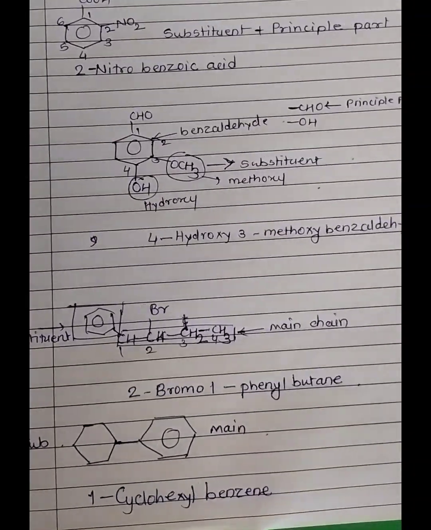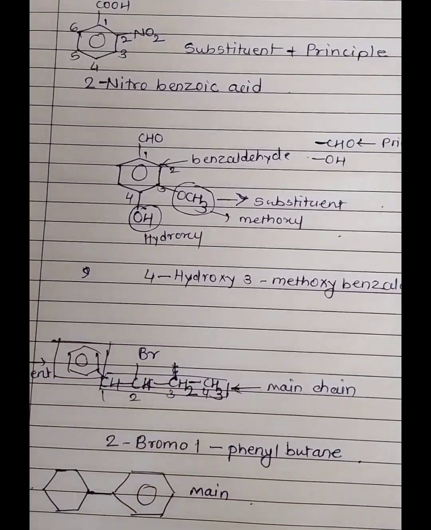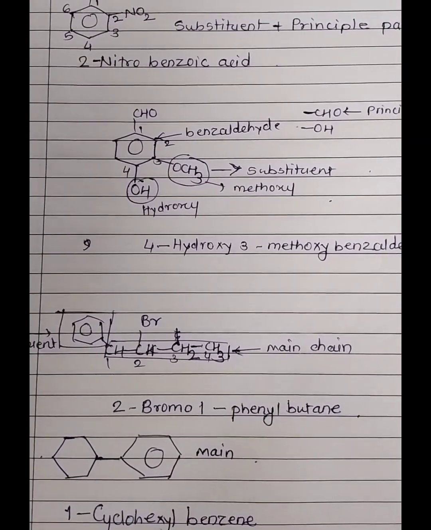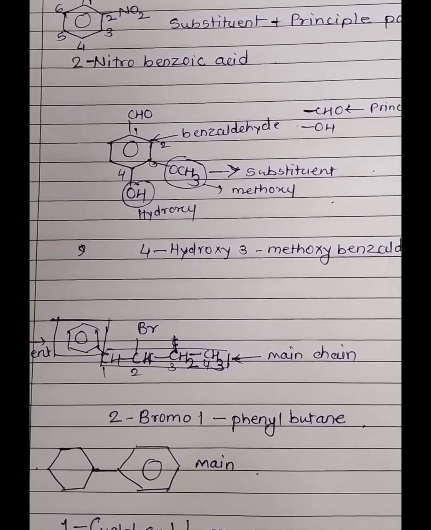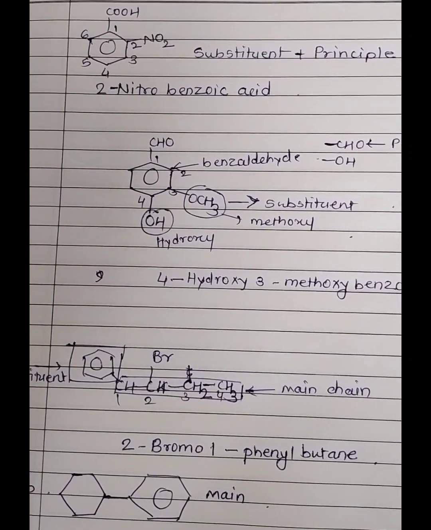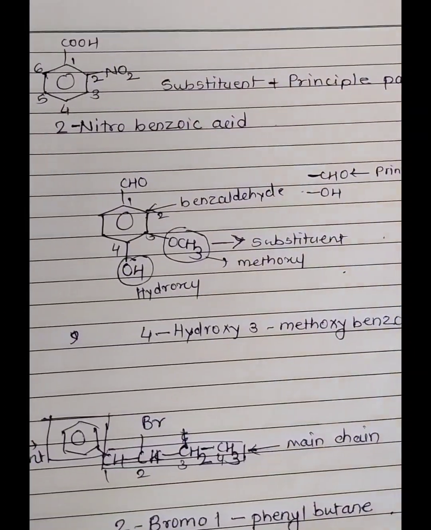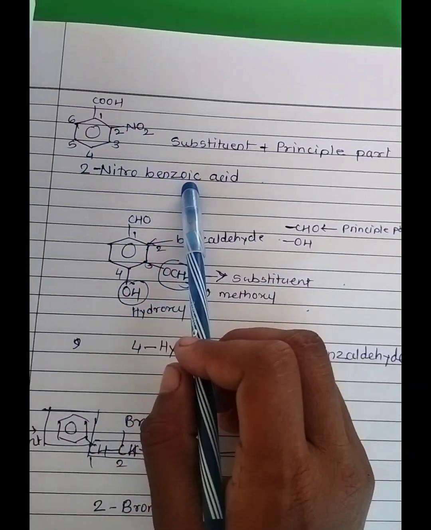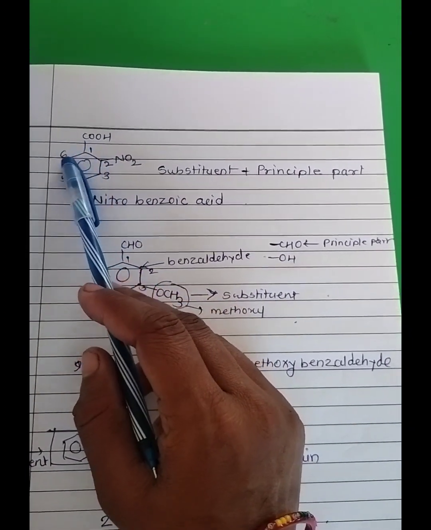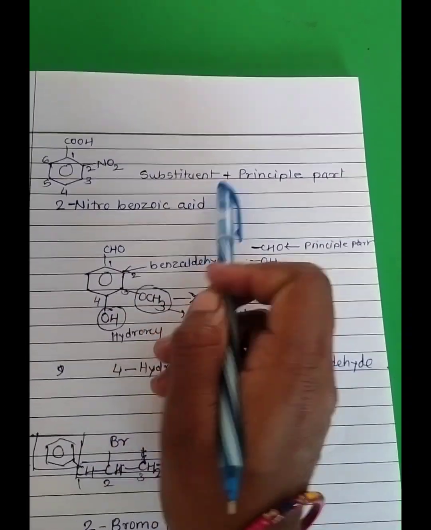Examples of aromatic compounds. For example, we can write the naming as substituent first and then the principal part. Here the COOH group has priority and comes first, then nitro, so numbering goes to COOH with the lowest number, 1 2 3 4 5 6. In the second position we first write the substituent, so 2-nitro, and the COOH group gives benzoic acid: 2-nitrobenzoic acid.